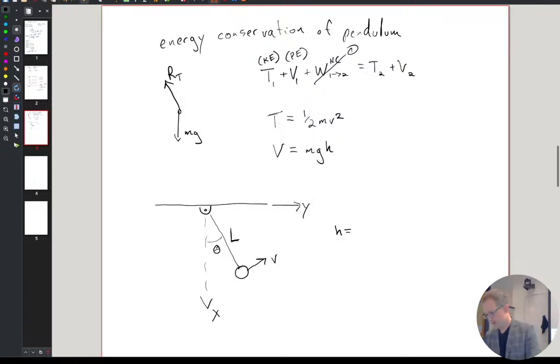We can think about it like, if I take this and rotate it down here, I could say that from the bottom, when theta equals 0, going up to the top, that could be my potential energy. That's h. I like that. So what is that value of h?